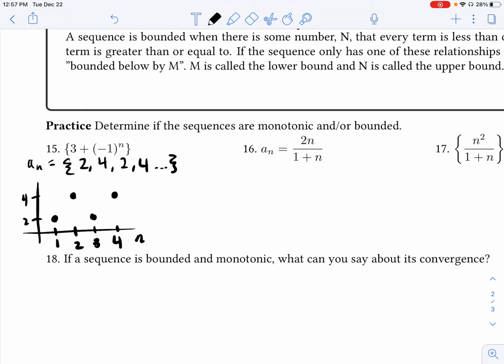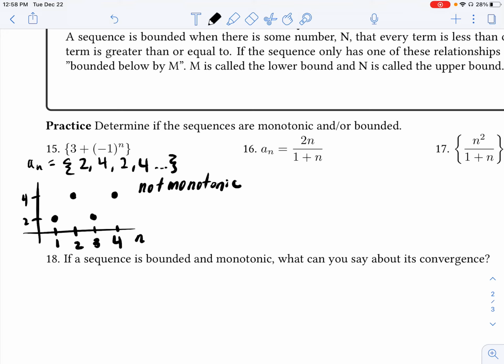So first off, is this sequence monotonic? The answer clearly is no, it's not monotonic because we are alternating back and forth. It is not just increasing. The terms are not just continually getting larger or continually getting smaller. We would say that this sequence is not monotonic. It does not stay strictly increasing or strictly decreasing.